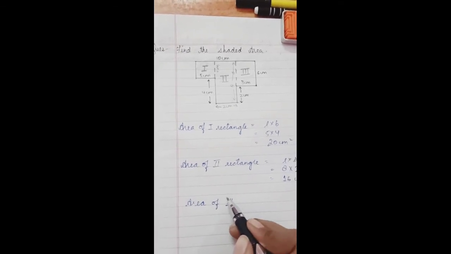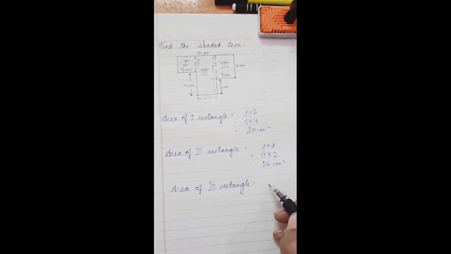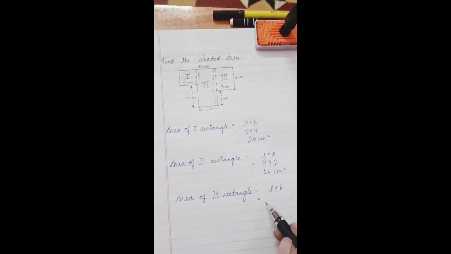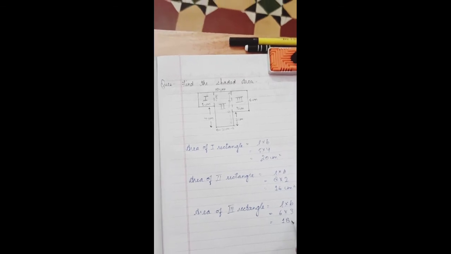Then area of third rectangle, length into breadth, length is 6 into 3. Here we get 18 centimeter square.